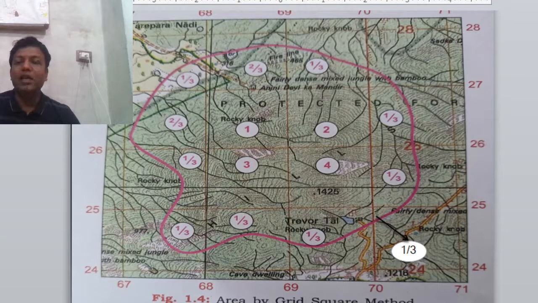Dear students, in the last video lecture, we learned about the grid system and area by the grid system, and direct and indirect methods to find distance on the topographical map.